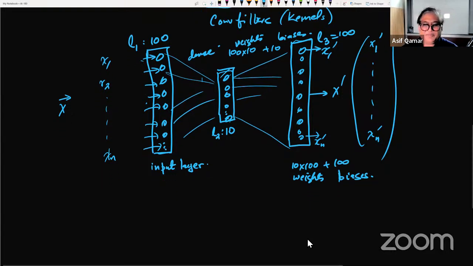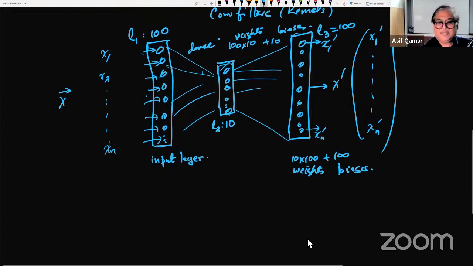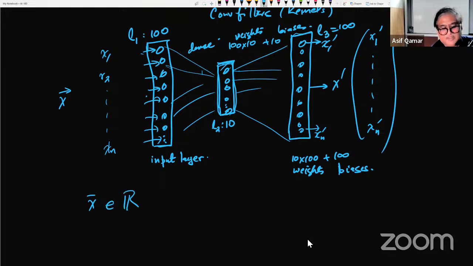Now, you know that somehow this is much smaller. This is only a 10. X belongs to a 100-dimensional space. Does it make sense, guys? X belongs to a 100-dimensional space.